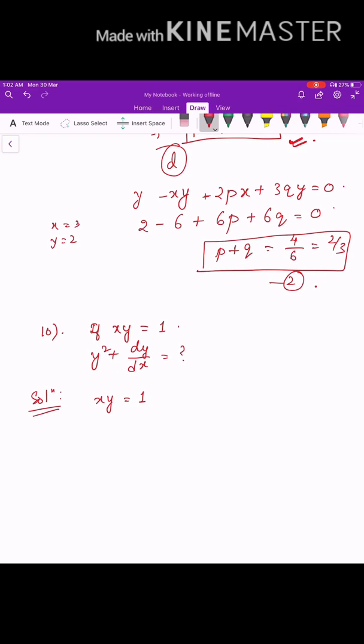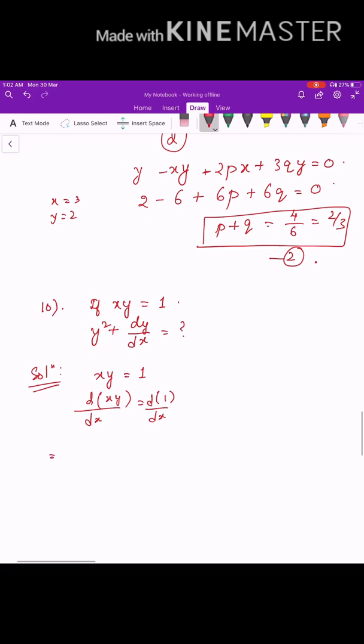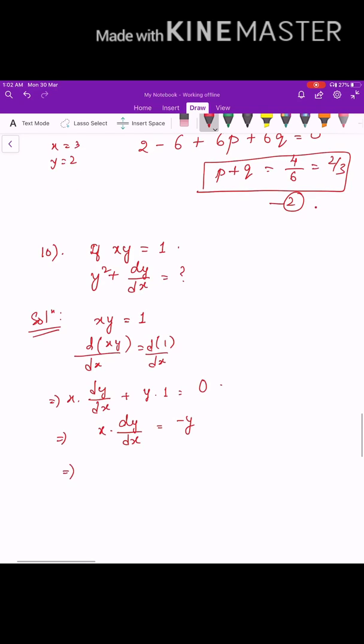So I'm going to differentiate it with respect to x. Taking the first as constant, differentiating the second, plus taking the second, differentiating the first. So I get x into dy by dx is equal to minus y, taking it on the right hand side. Expression for dy by dx is minus y by x.